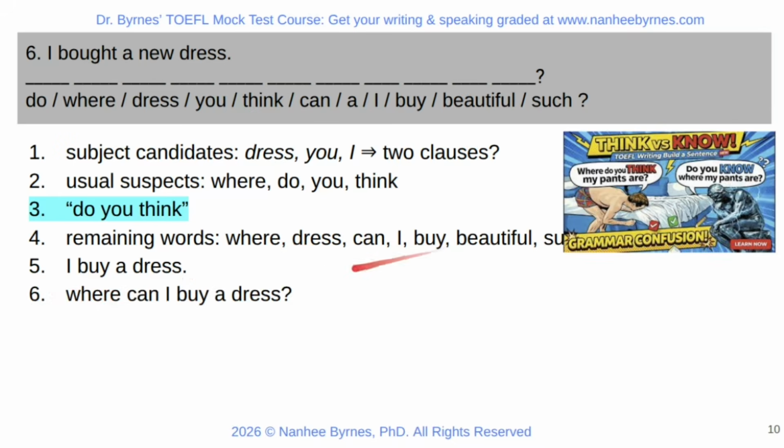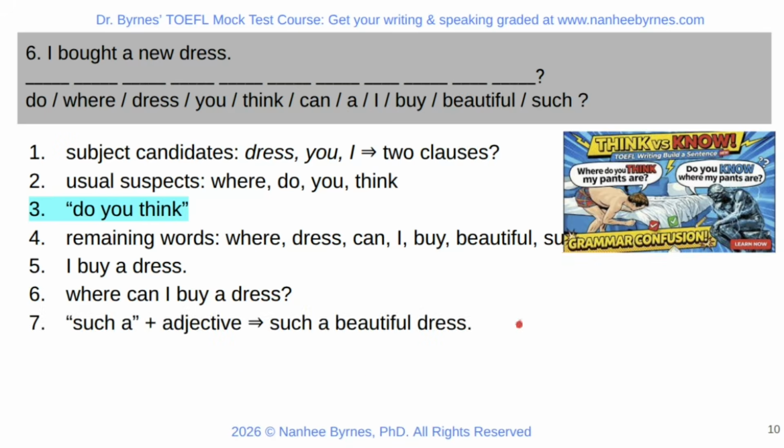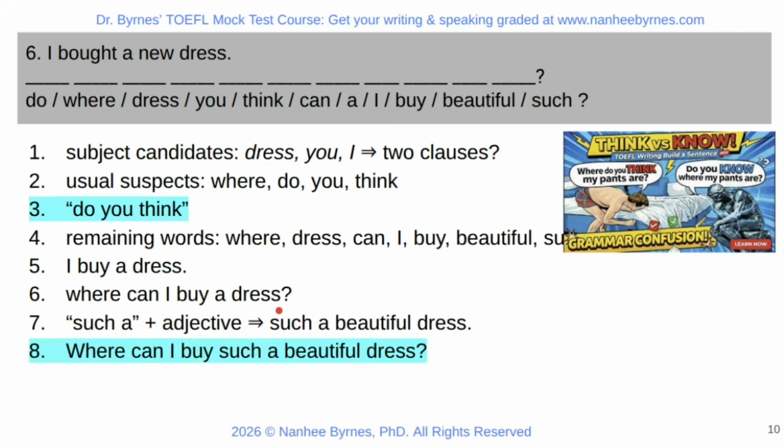Now we look at the descriptive words. What type of dress? Such a is a fixed expression that needs a noun, such a dress. Beautiful can modify dress, so we have such a beautiful dress. So the question beginning with where is, where can I buy such a beautiful dress?